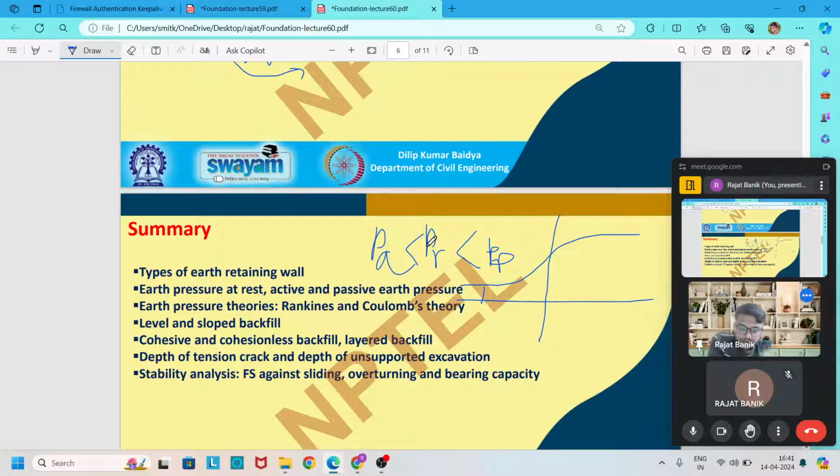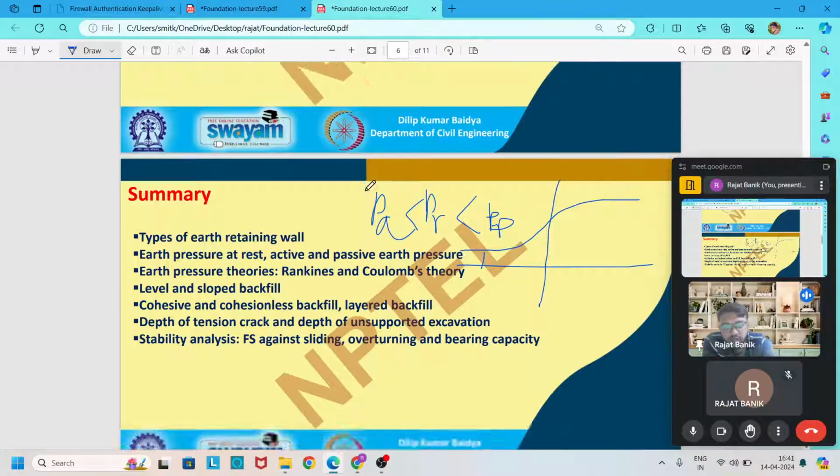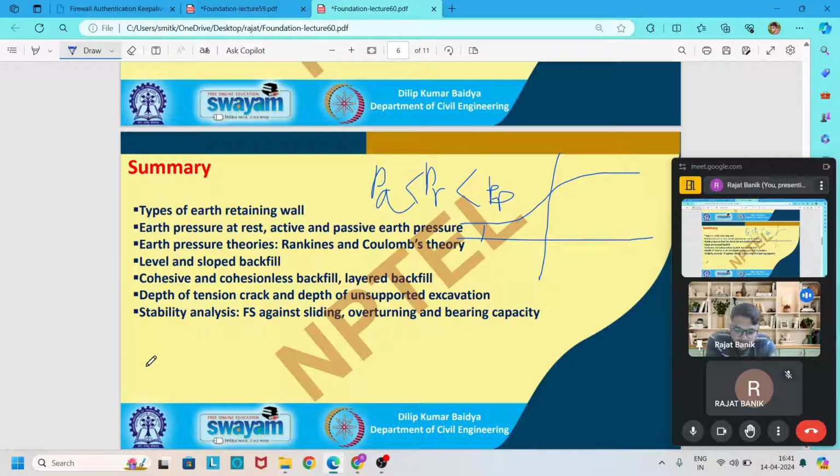Then we study level ground backfill and also slope backfill. In slope backfill, the difference is that the formula of the earth pressure coefficient is changed a little bit, and it includes the angle of inclination of the slope backfill.